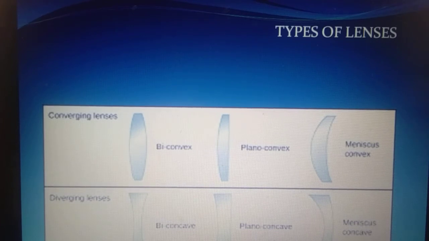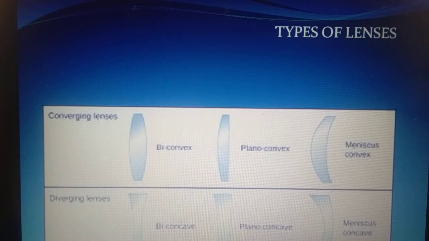It is a converging lens, a convex type of lens. Another one is called the plano-convex lens. One part is a plane surface, another part is bulged, then it is termed as plano-convex. Concavo-convex is another one. One side is bulged, another one is hollow.